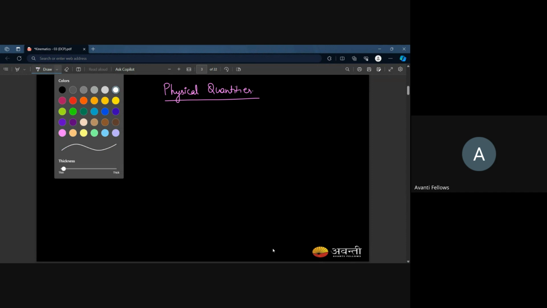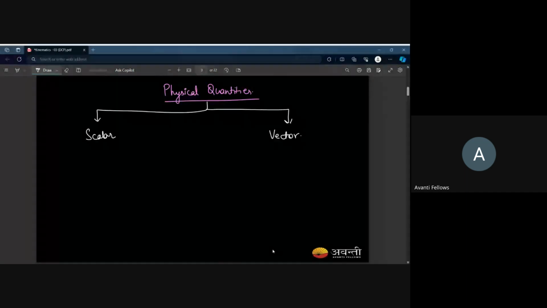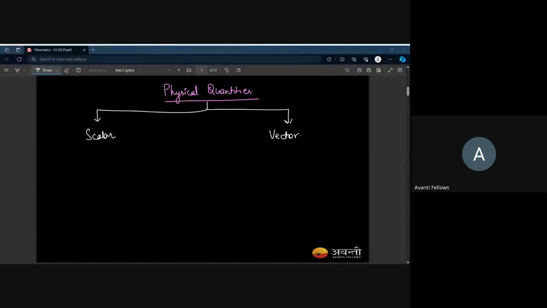I think I started my lecture on units and dimensions with this discussion. What are physical quantities? A physical quantity is something that we can measure, right? Yes, ma'am. Okay. I said that there are two types, scalar and vector. Can you give me a solid differentiation between these two things?